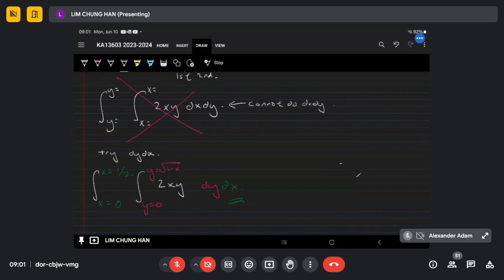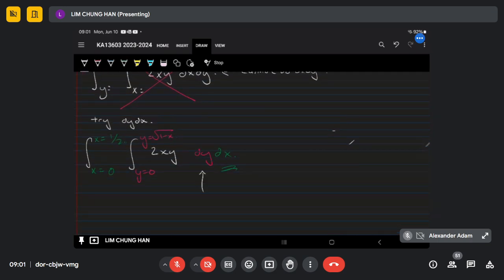So that is the rule. For the first limit, you need to draw your dy line and get your limits based on what the line hits.